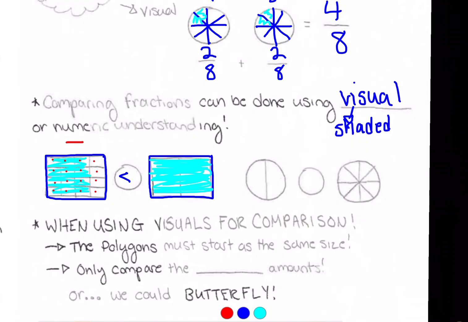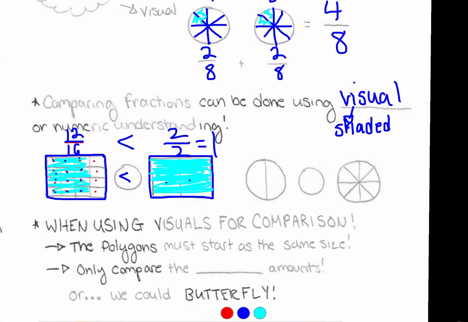His pizza was cut into 16ths. And he ate 1, 2, 3, 4, 5, 6, 7, 8, 9, 10, 11, 12. He ate 12 16ths of his pizza, while this person's pizza was cut into 2 even sections, and they ate 2 whole slices, which kind of means they ate the whole thing. So obviously, that's going to go that way.